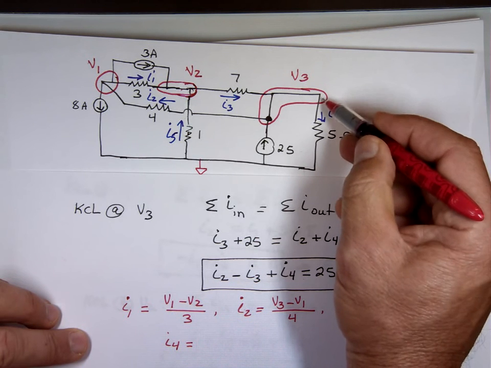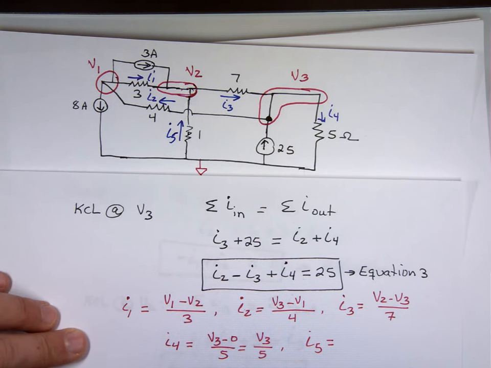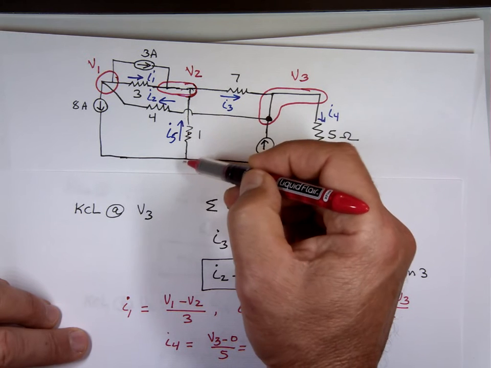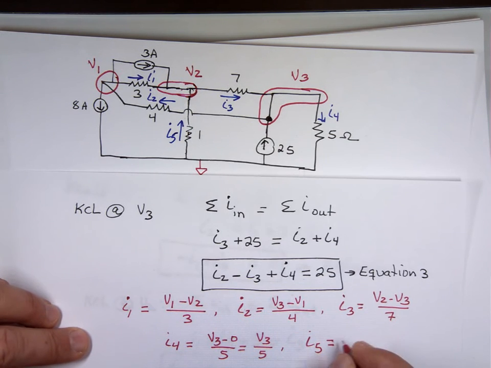V3 minus nothing, right? Over 5, which is V3 over 5. And I sub 5, I define it going in intentionally. So it's this voltage on the bottom minus the top. What's the voltage on the bottom? 0 minus what? V2 over 1, which is what? Negative V2.